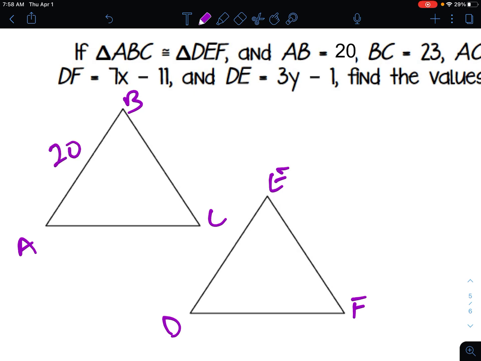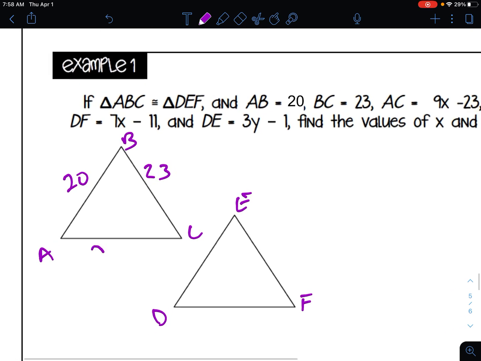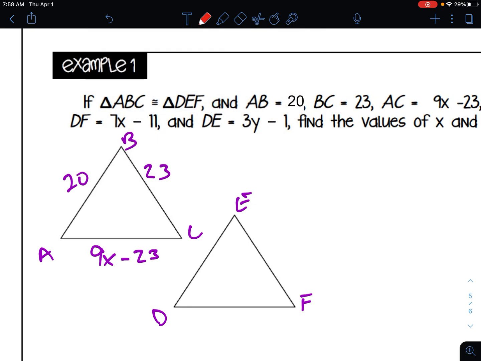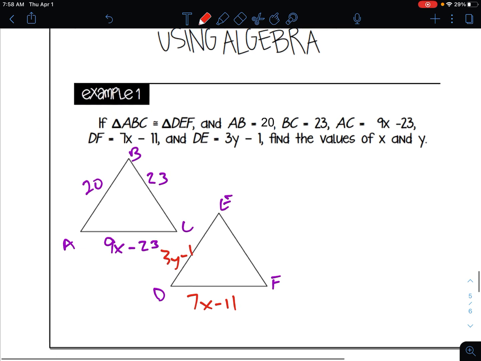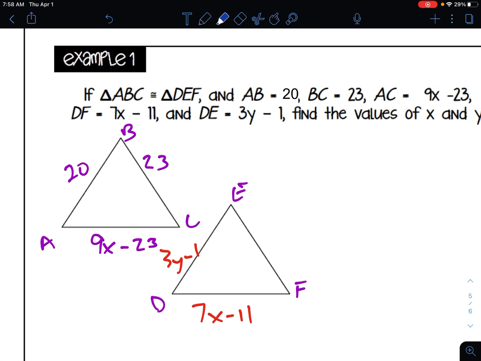So it says AB is 20, B to C is 23, A to C is 9x minus 23. And then second triangle, they give me D to F, 7x minus 11, DE is 3y minus 1, and EF, they don't give me anything on EF, right?